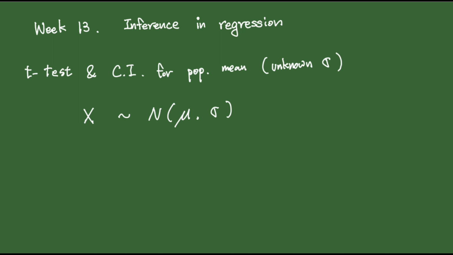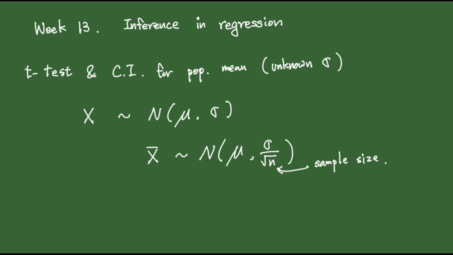And from the sampling distribution class, we learned that if X follows the normal distribution, then X bar also follows the normal distribution, with the same mean, the population mean mu, but a different standard deviation, which is sigma, the population standard deviation, over square root of n, where n means sample size.